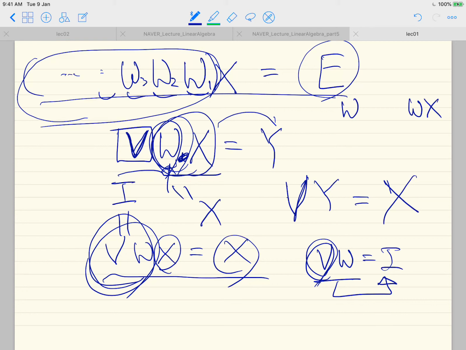Okay, and then once we found its inverse matrix, W inverse, what does that mean in the context of this transformation?